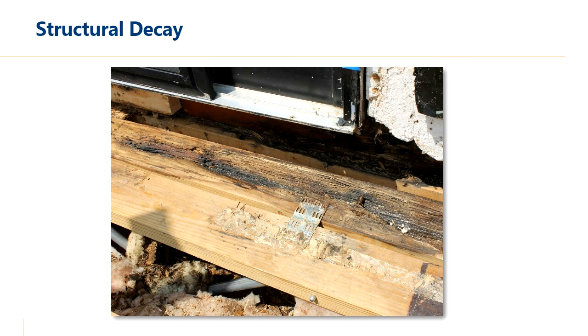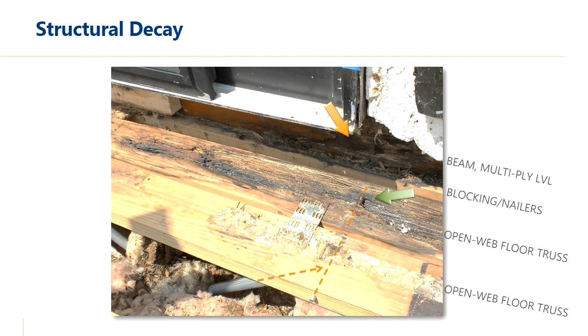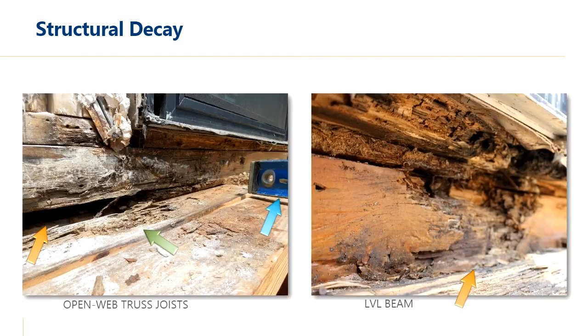Where the flashings and the sliding glass doors meet the balconies, here's a typical instance of what we found, and decay of the structural elements below. Whether that be beams supporting the exterior wall or trusses that support the balconies.